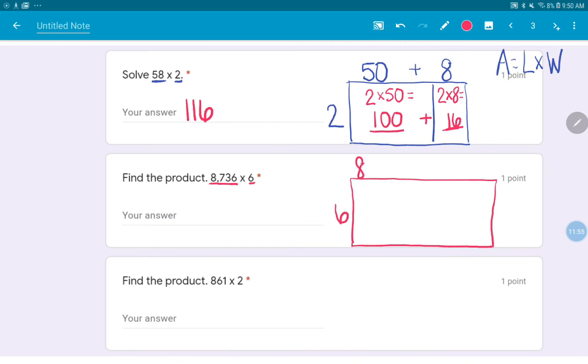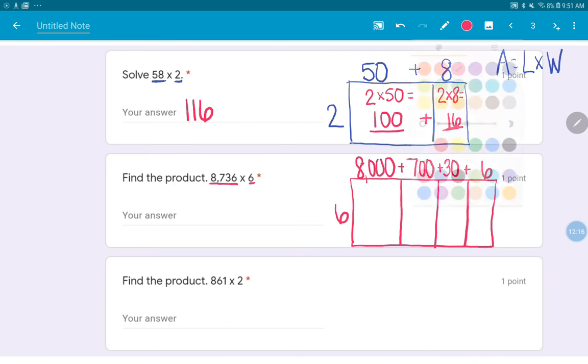So I'll do 8,000 plus 700 plus 30 plus 6. All right. So I'm going to multiply 6 times 8,000.